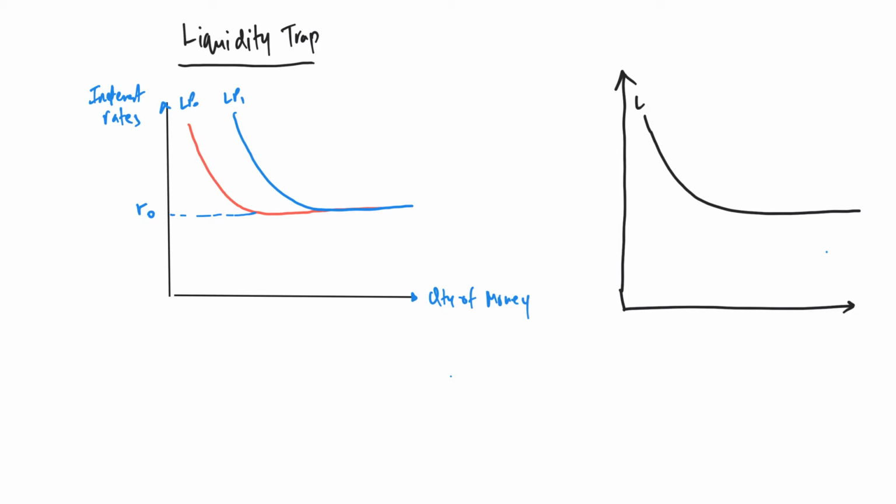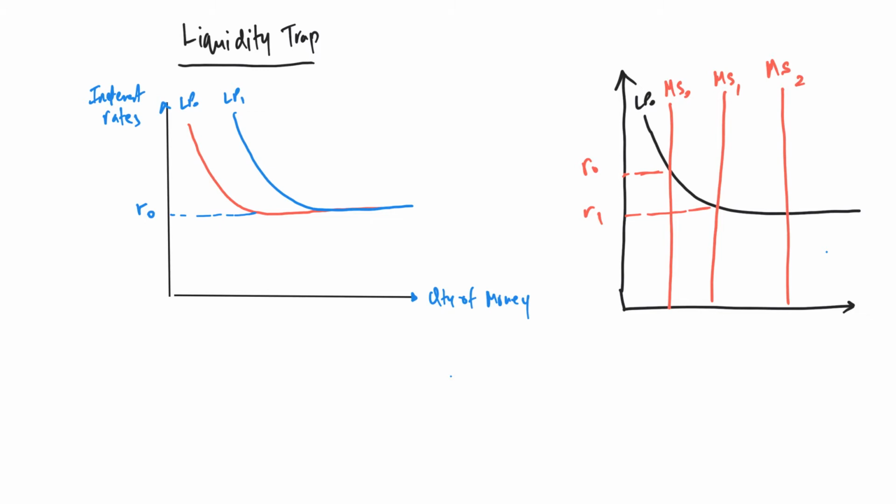Let's say this is your liquidity preference LP0, and let's say money supply goes up. Initially, when the money supply goes up, you may see interest rates fall. But then when the money supply goes up further, you might see that the interest rates are not changing anymore.